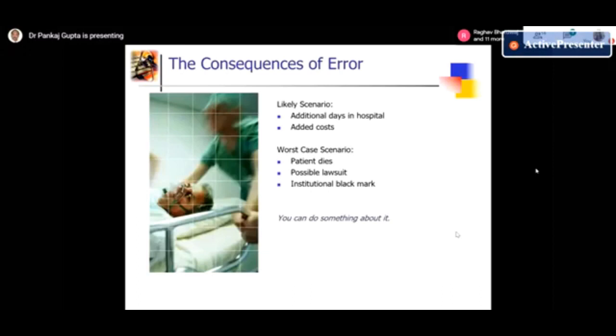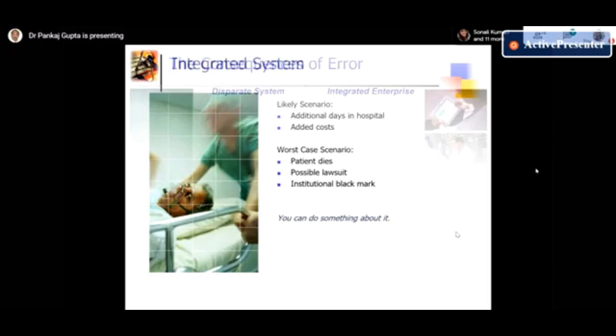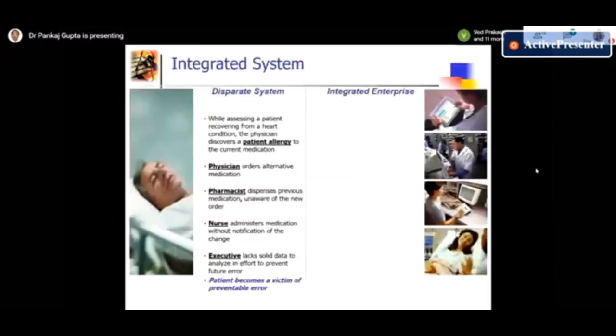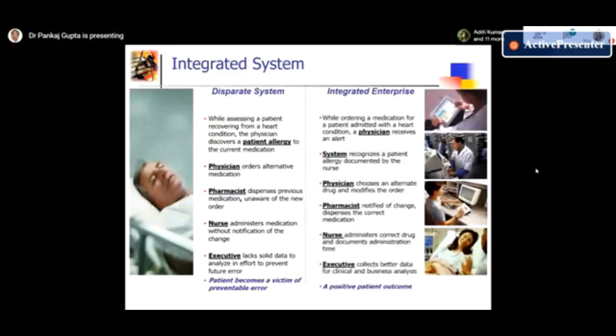So what will happen is additional days in hospitals, there will be litigation costs, there could be patient death, and whatever else. So in a disparate system, this is what happens. However, in an integrated enterprise where you have standards-based integration, what will happen? The system will beep, just like the journey that I showed you, and at every stage the system is checking that you are administering what the physician ordered.